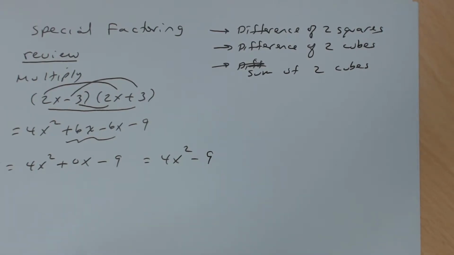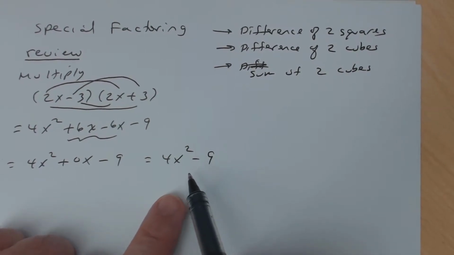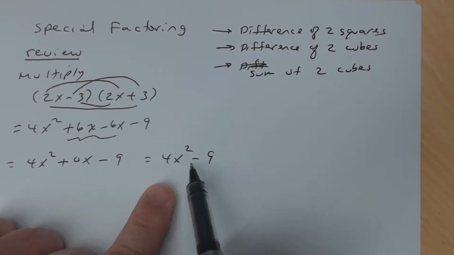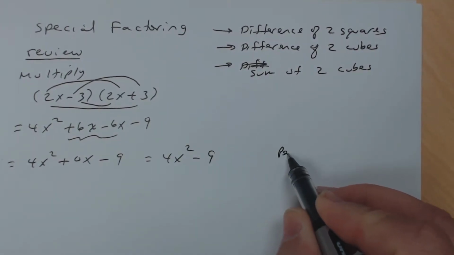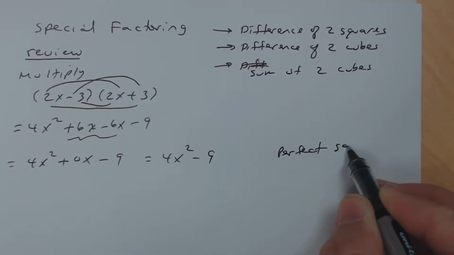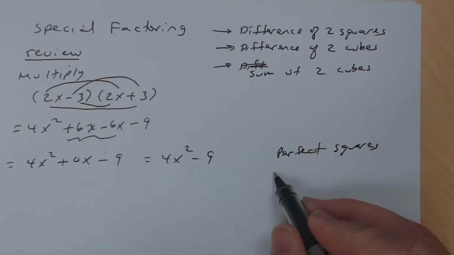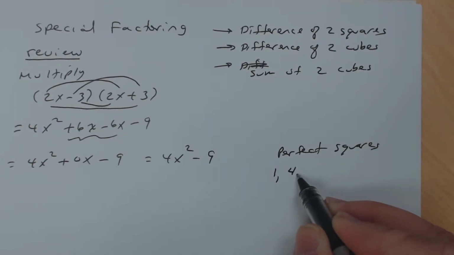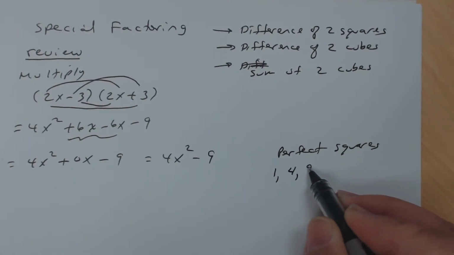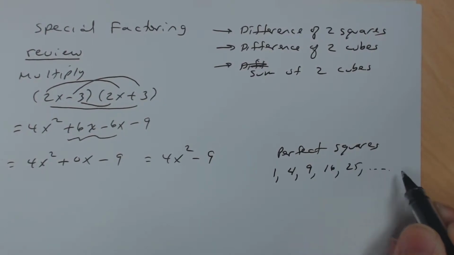Okay? All right, so the other thing I need for you to think about is this. Remember in previous courses you talked about perfect squares? All right, so your perfect squares are something like 1, 4, 9, 16, 25, and so on.